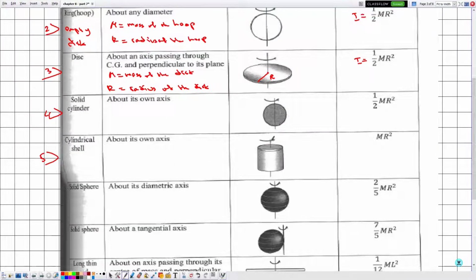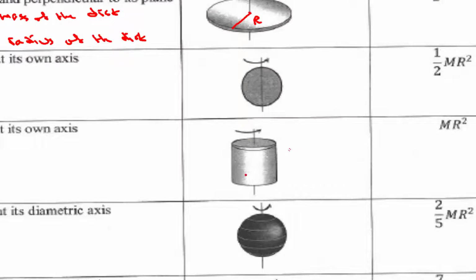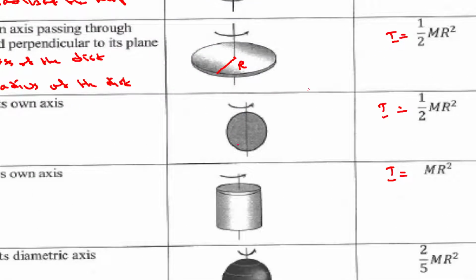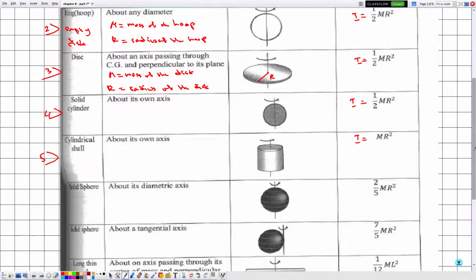Now if the axis of rotation is passing like this, we can for example consider the axis of rotation passing through the diameter like this, but we'll consider only the axis passing through the center of symmetry of the cylinder about its own axis, then it's given by mr square. In case it's passing through the diameter of the disk, it's given by half mr square.